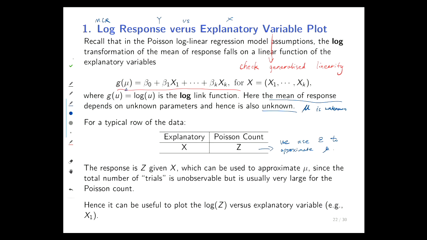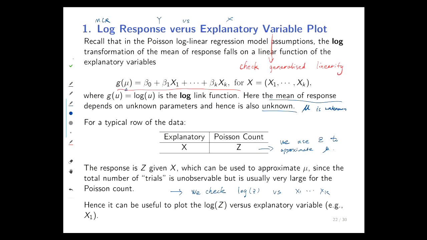And then, because we use z to approximate mu, what we need to do here is just to check the log z versus x1 to xk.